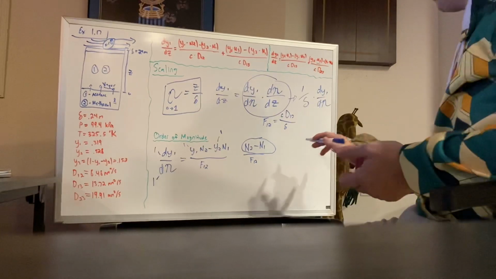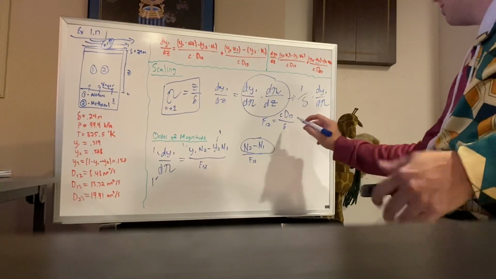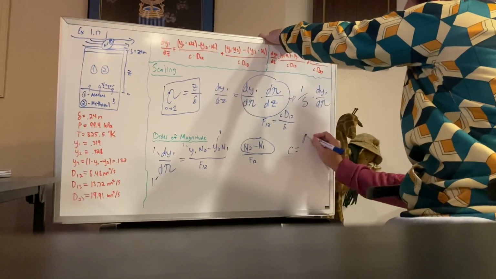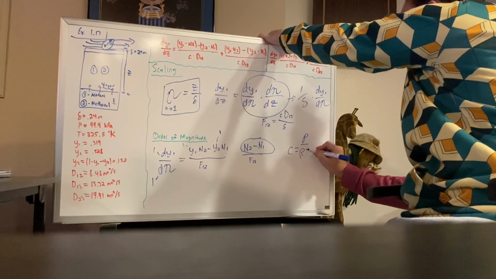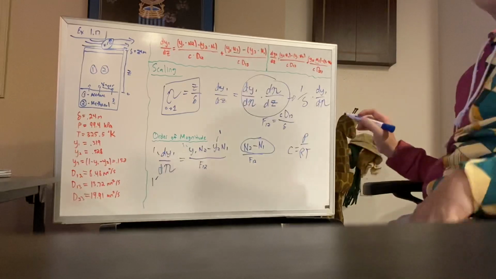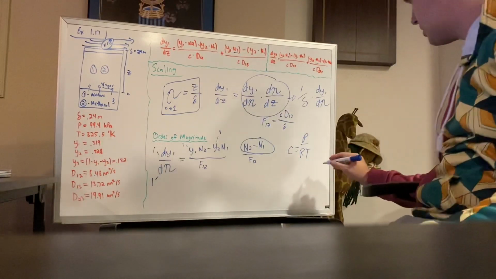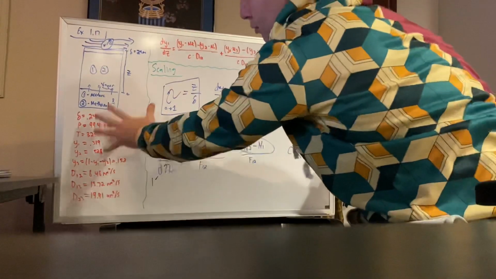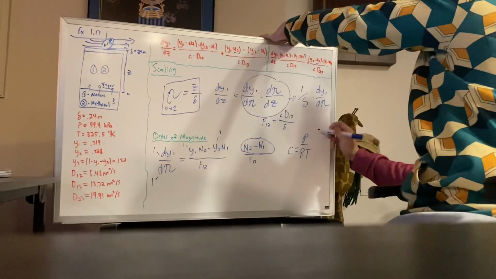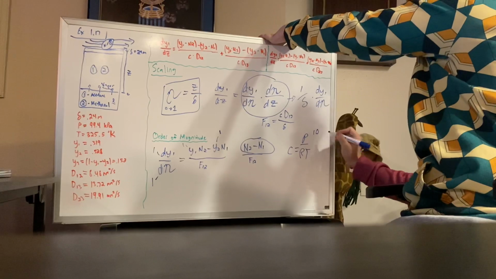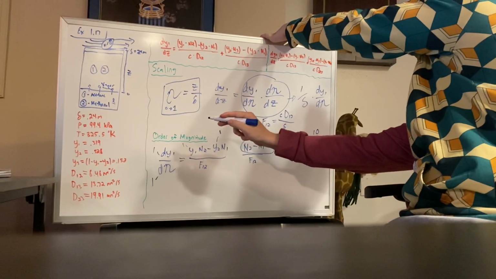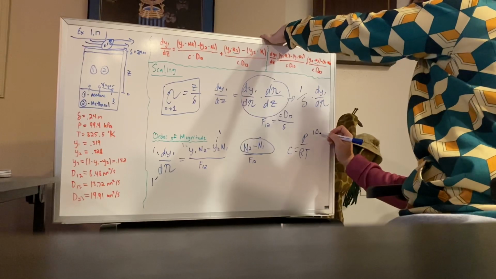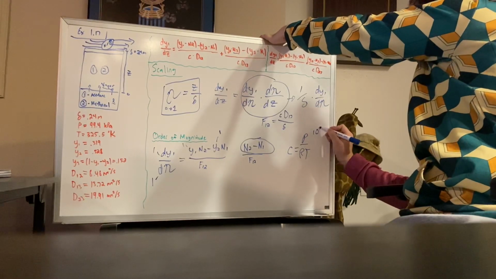And so F12, looking back up here, is C D12. We can write out C as equal to the pressure over the gas constant multiplied by the temperature. We know the pressure is given. The pressure is 99.4 kilopascals, so actually it's a factor of 10 to the 5th.